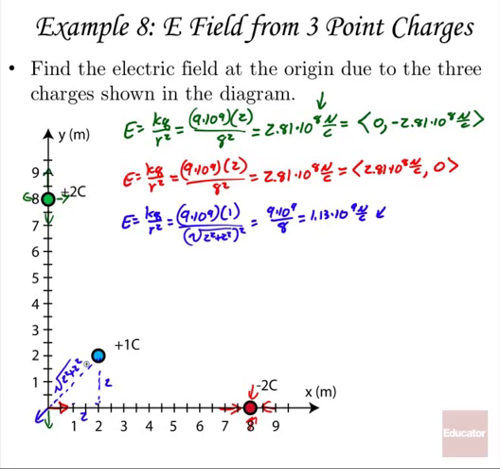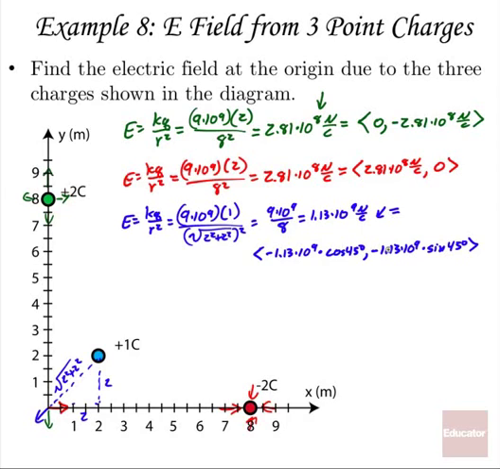So that means if I want to break this into x and y components, this is going to be equal to, well, we're going to have its magnitude, 1.13 times 10 to the ninth newtons per coulomb, and the x component will multiply by the cosine of 45 degrees, and I know that's going to be negative. And for the y, it's also going to be negative 1.13 times 10 to the ninth times the sine of 45 degrees, the y component, and those are going to be the same.